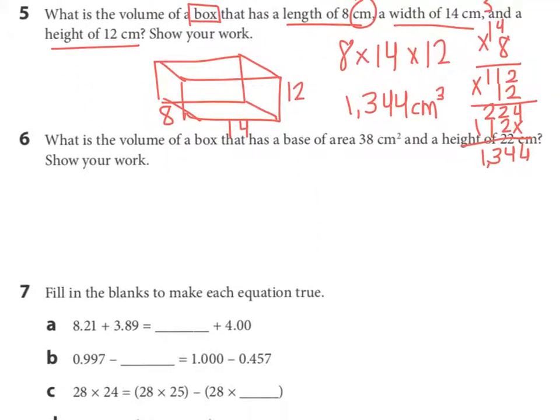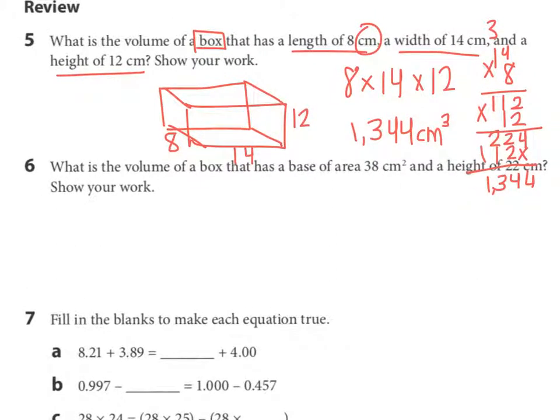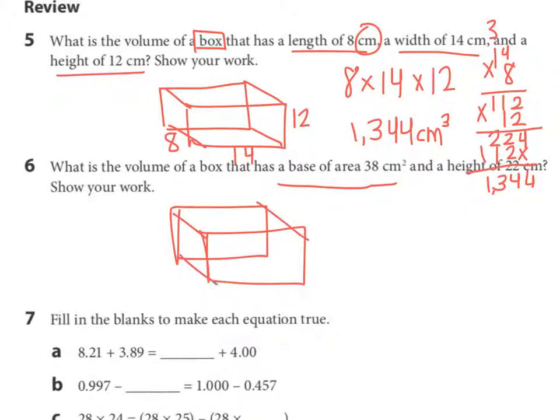Looking at number 6, what is the volume of a box with a base area of 38 centimeters squared and a height of 22 centimeters? So what that means with our box here, that the base, this bottom part, the area is 38 centimeters squared. And I know that the height is 22 centimeters.